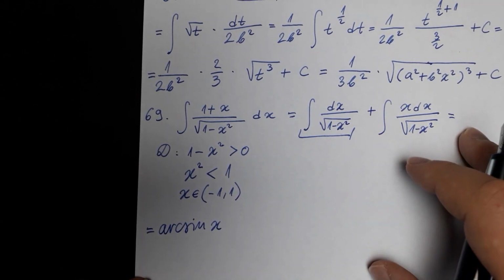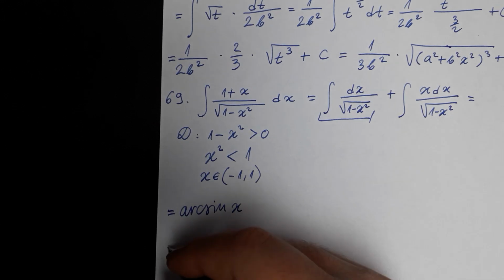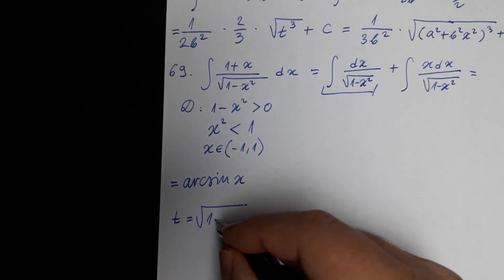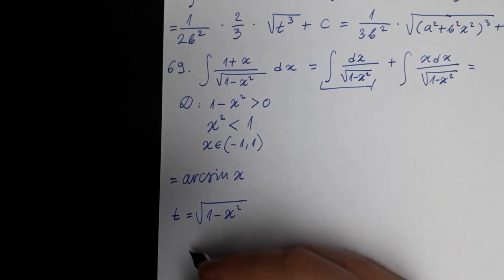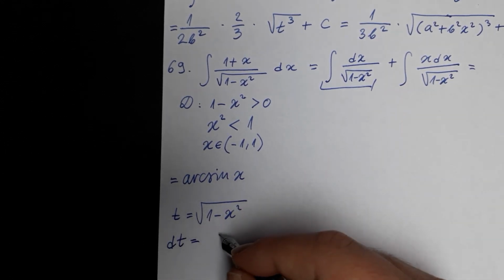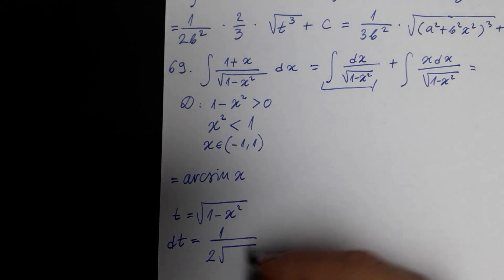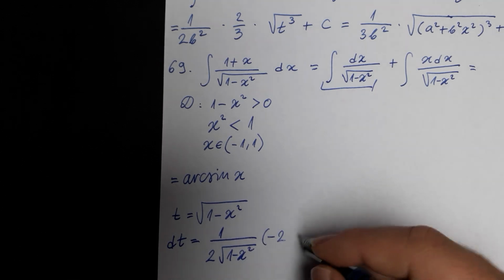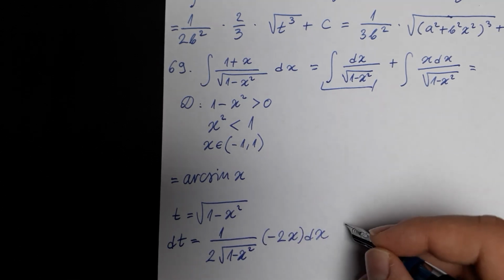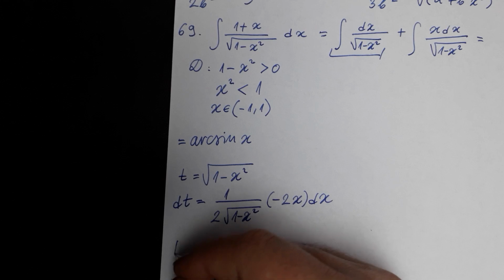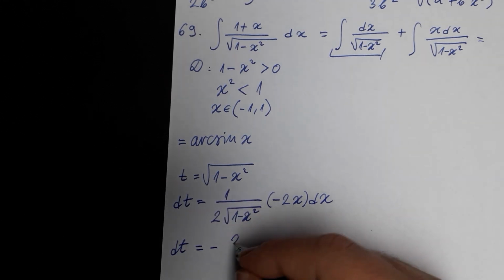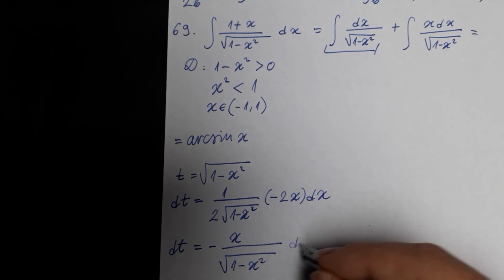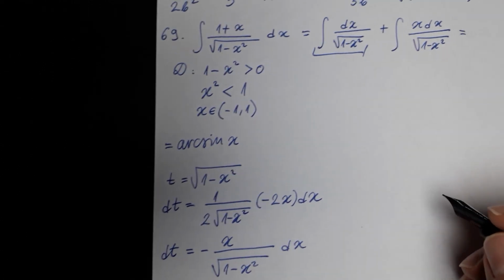And we can solve this other integral by introducing the substitution that t is equal to a square root of 1 minus x squared. Differential of t is then equal to 1 divided by 2 square roots of 1 minus x squared times negative 2x differential of x. Differential of t is then equal to negative x divided by a square root of 1 minus x squared dx.